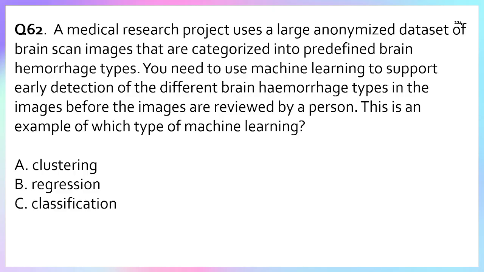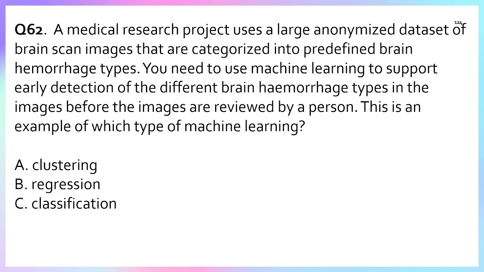On the basis of the images, we need to determine whether it is a type of brain hemorrhage or not, so that we can identify it early. So here there is a category, and on the basis of the category we can take the decision.